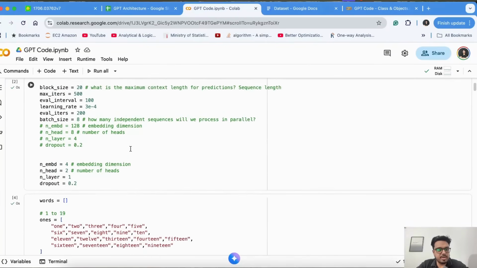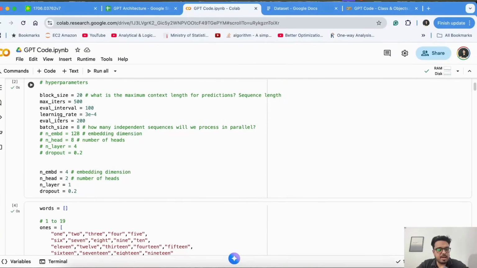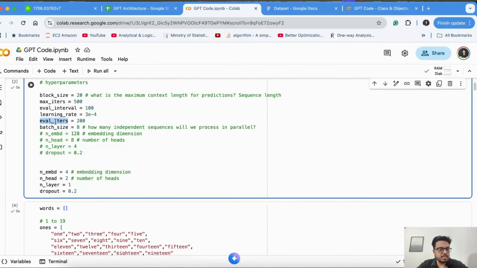If you remember, we were discussing some of the hyperparameters that we skipped initially. Eval iters is the one that we just discussed, the total sample size on which the training and validation loss will be calculated, and learning rate effectively controls how much the model weights are updated in each training iteration.